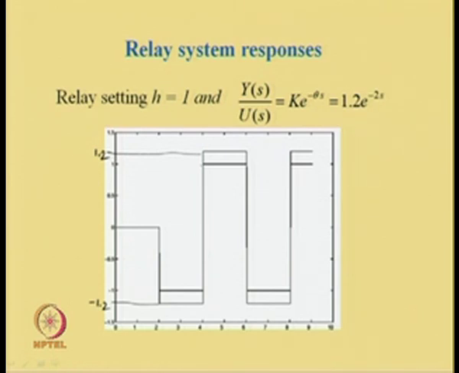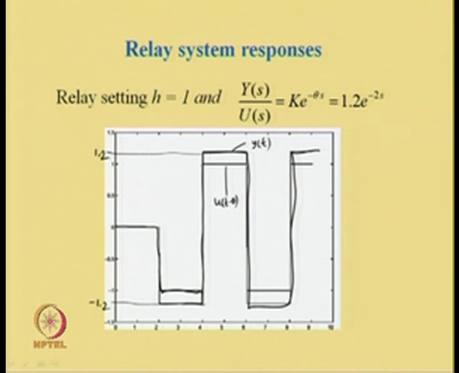So, whenever the input, and let me show this plot, the inner one is for u(t minus theta), the upper one is the plot for y(t). So, y(t) is shown by this plot, and u(t) is given by the inner one.